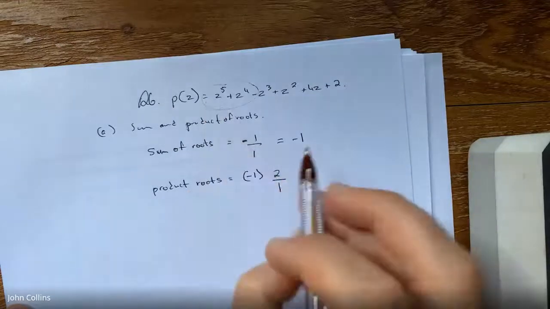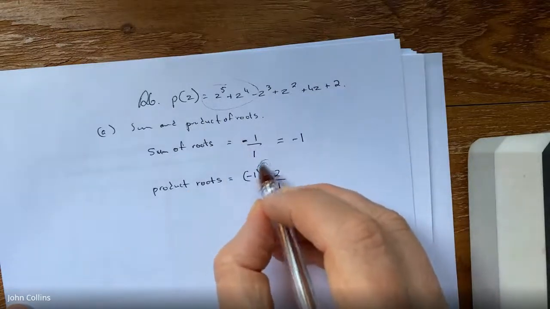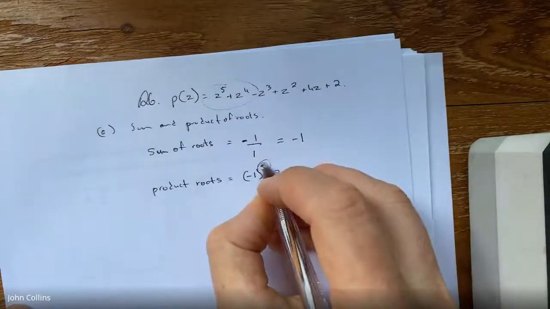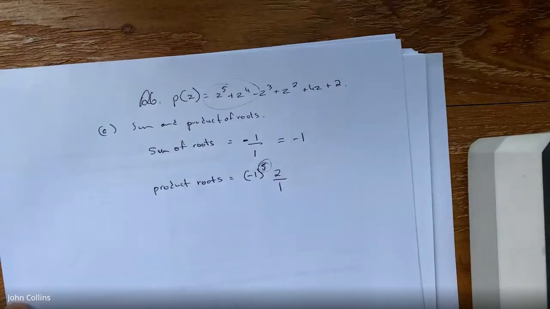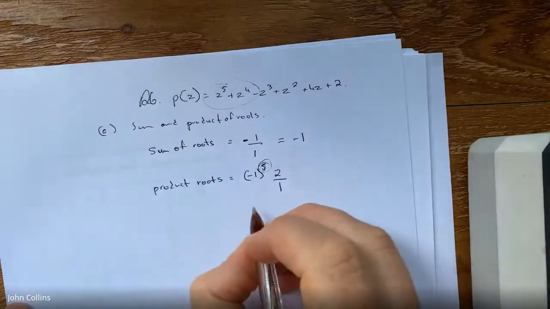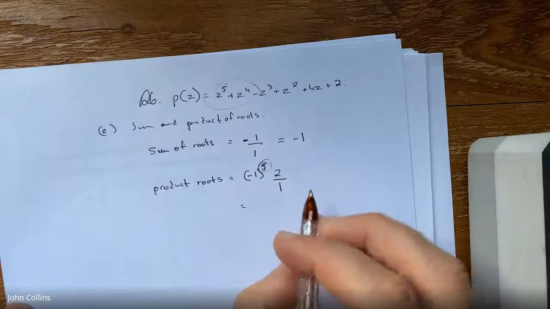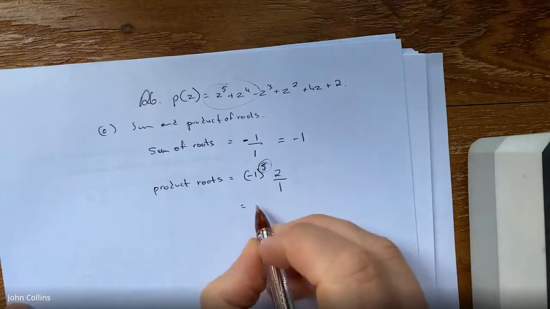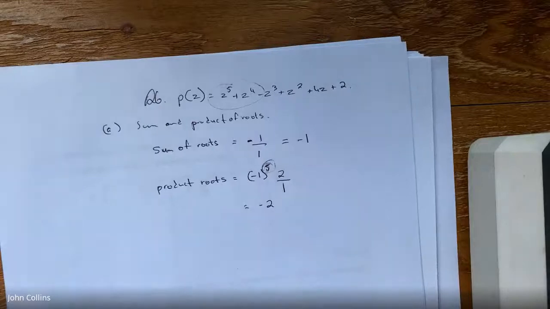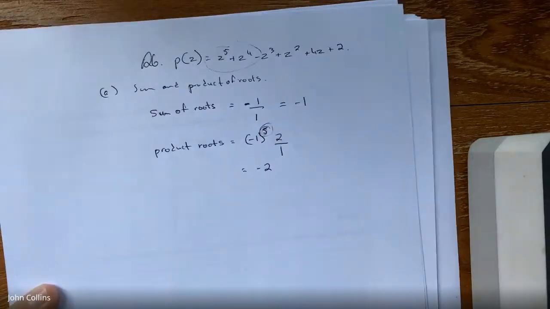First coefficient, not first term. What's the power? Well, it's power 5. So minus 1 to the power 5 is minus 1, of course, because that's an odd power. And minus 1 times 2 is just minus 2. So there's our sum and product of roots.